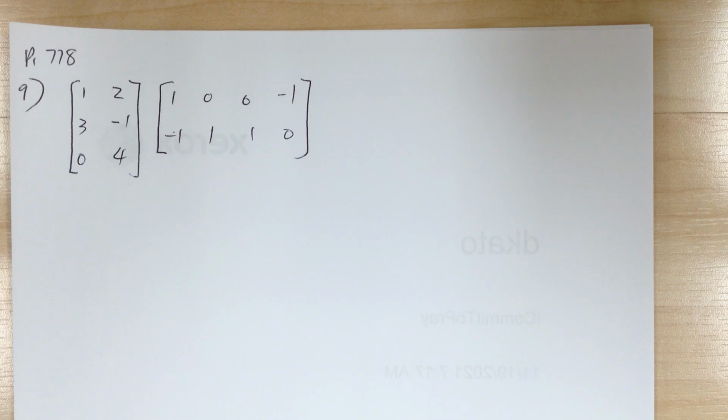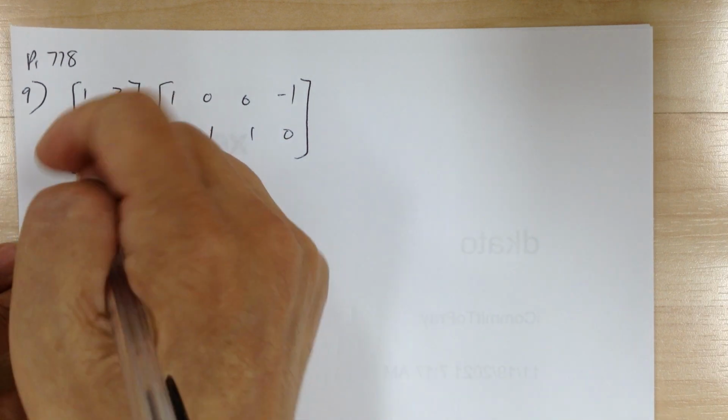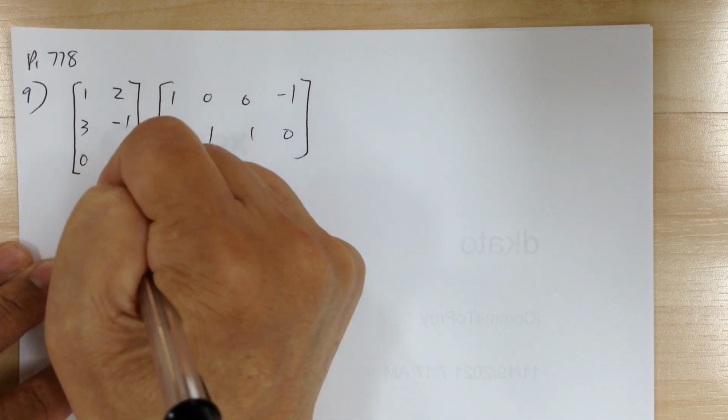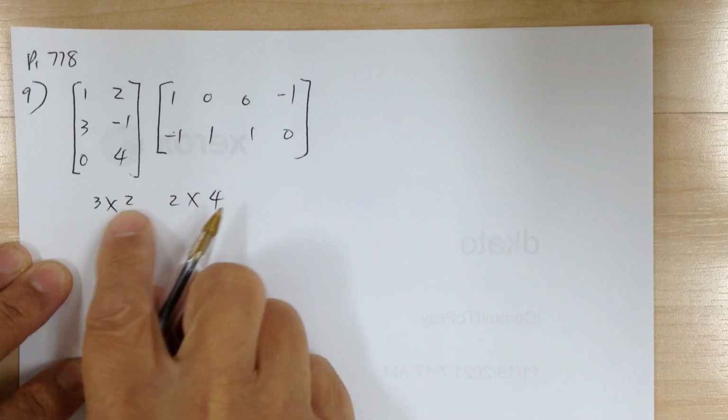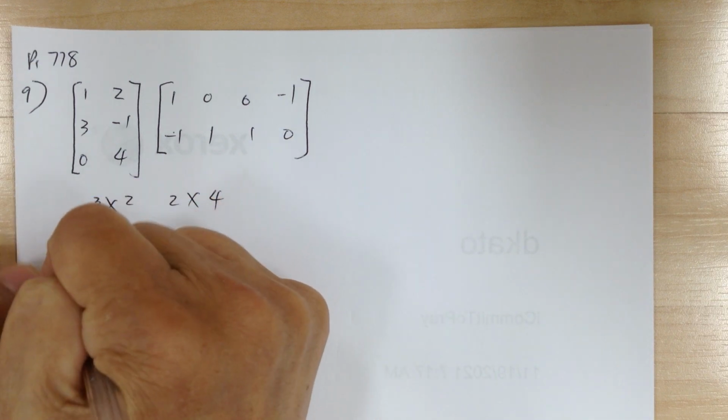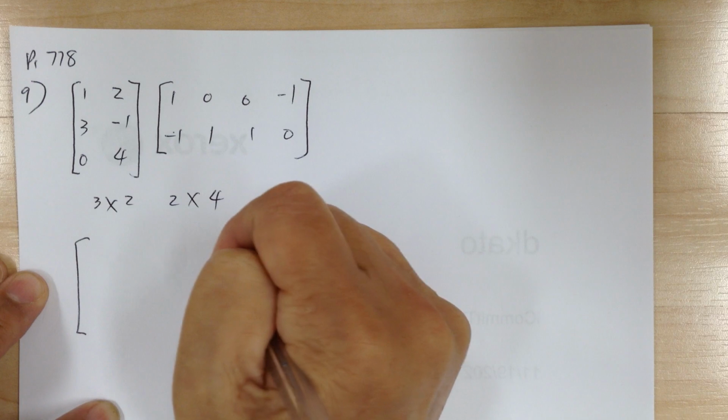This one is going to be really big because this is 3 by 2 and this is 2 by 4. So yes, you can multiply and your answer will be 3 by 4.